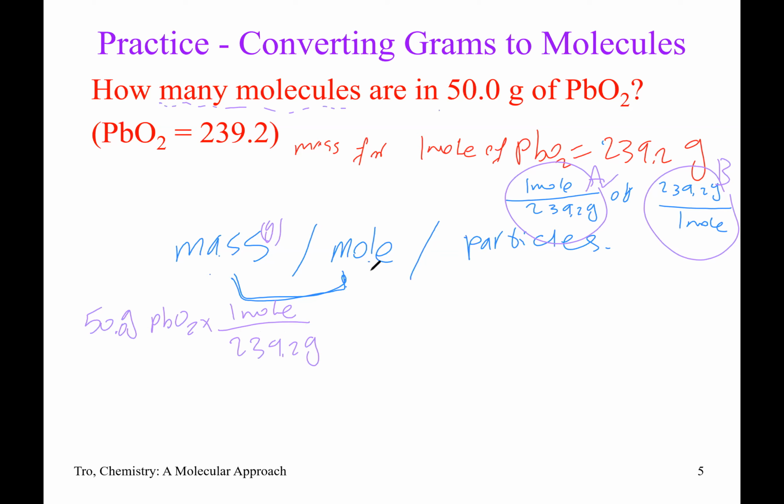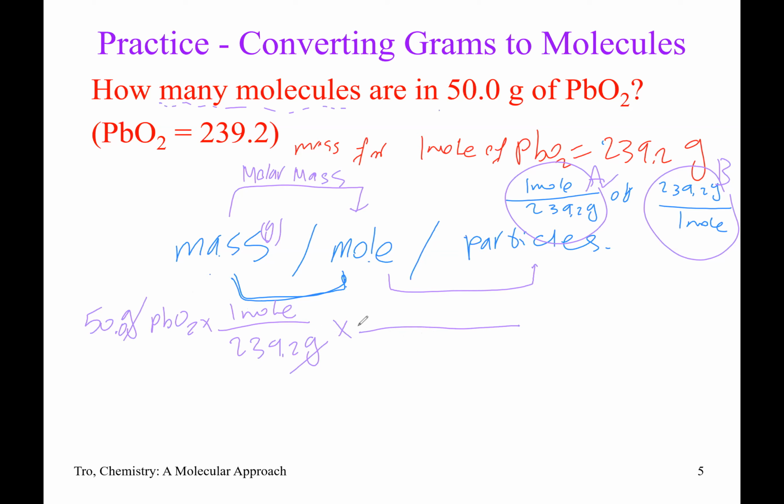If I want to go from mole to particles, what number should I use? Avogadro's number. Perfect. So if I want to go from mole to particles, because I want to just continue here, and I already know that I canceled the gram, I want to change mole to number of particles, I would use Avogadro's number. What is Avogadro's number? It's the number of particles per 1 mole of anything, okay?